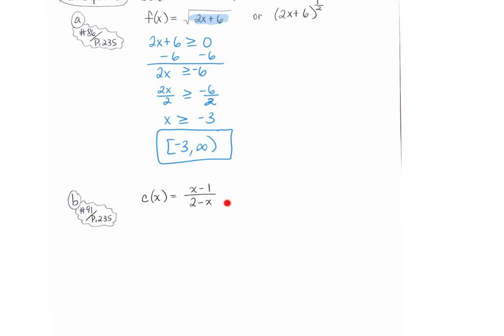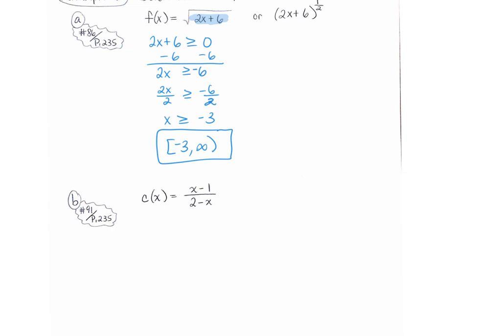Are we okay there? Okay. Rational functions, what can we not divide by? What's illegal in math for us to divide by? 0, right? Very good. We cannot divide by 0.